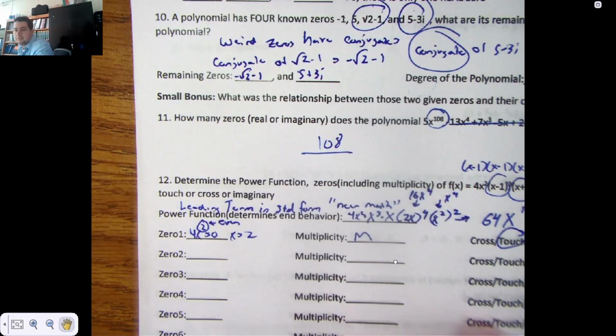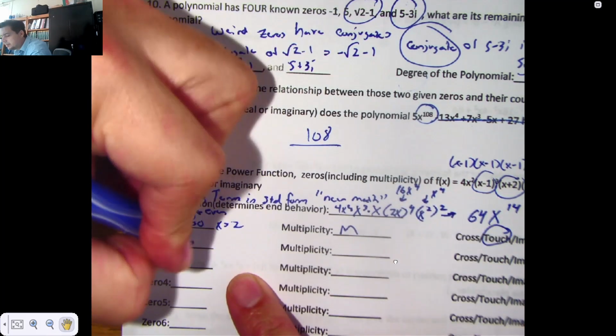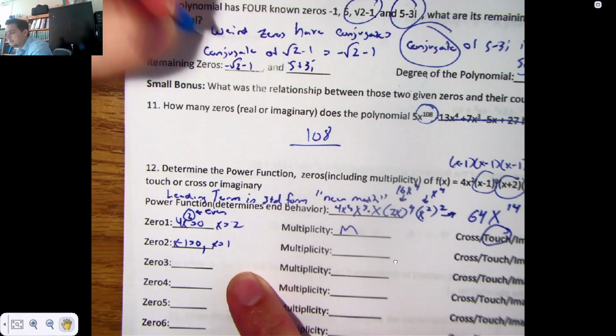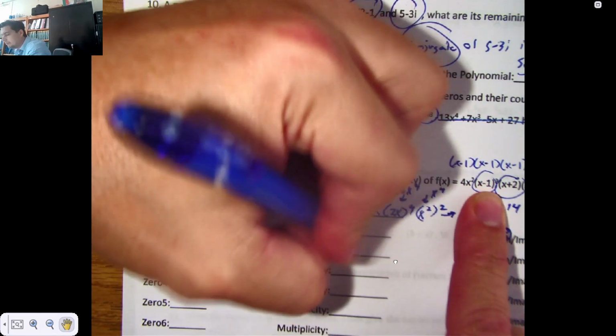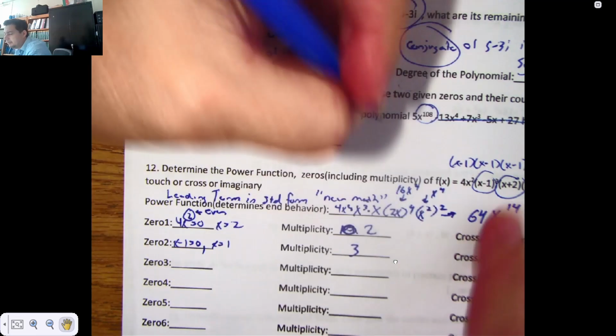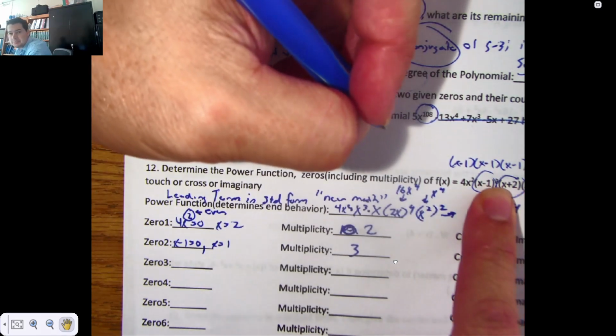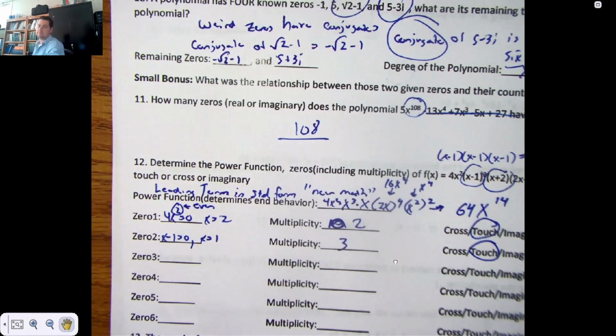My second zero happens at this factor. x minus 1 is 0, so x is 1. The multiplicity is the exponent of 3. The multiplicity is 3 because that factor has an exponent of 3. And that's a cross because it's odd.